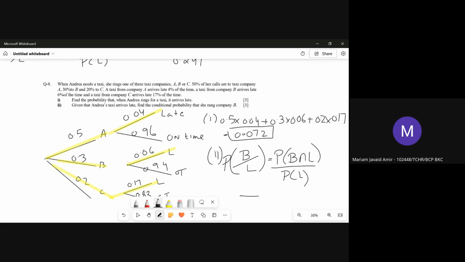So calling company B and getting the taxi late has a probability of 0.3 into 0.06 divided by probability of taxi being late is 0.072, which gives 0.25. Okay, question 8 is done.